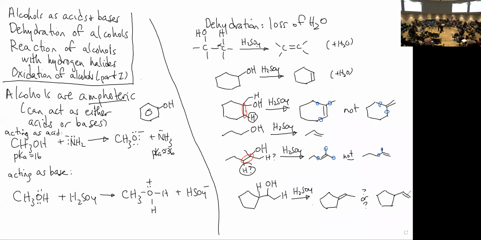And so now you can see this alkene has just one alkyl group directly attached to the two alkene carbons. This one has three alkyl groups. So that's the one we're going to pick, not this one. So maybe that's an even better way to do it. Let's say just draw them both, and whichever alkene is more substituted, that will be the major product. Maybe that's an even clearer way to do it.